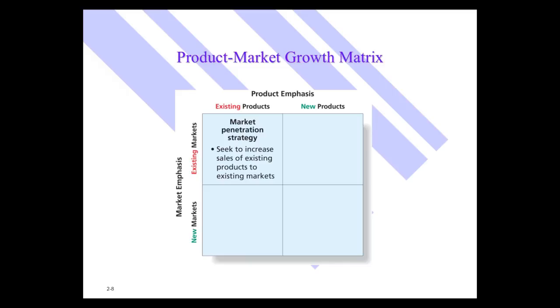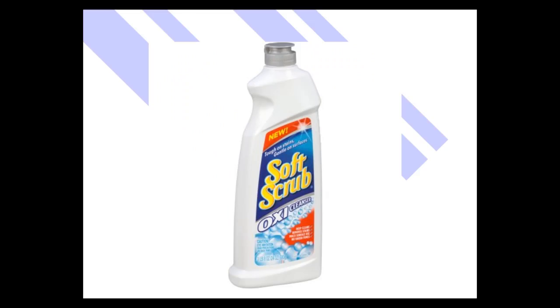What would be an example of that? I'll use an example from my past at the Clorox company when we introduced Soft Scrub liquid cleanser. It was a very, very new type of product. There had never been a product quite like that before, and so consumers were very excited about it to the point where we couldn't make as much as people wanted to buy.